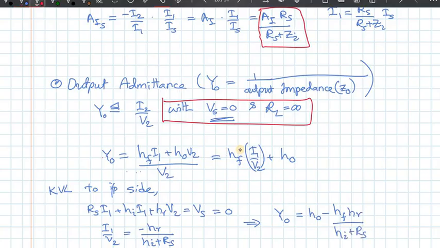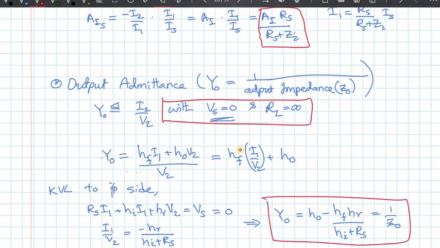That's my output admittance, which is also equal to 1 over the output impedance. That's my last term. So this is basically what we need to find. Let me summarize everything in these terms.